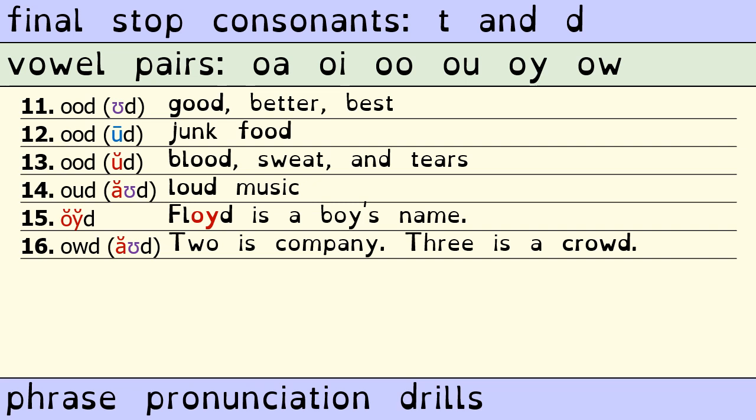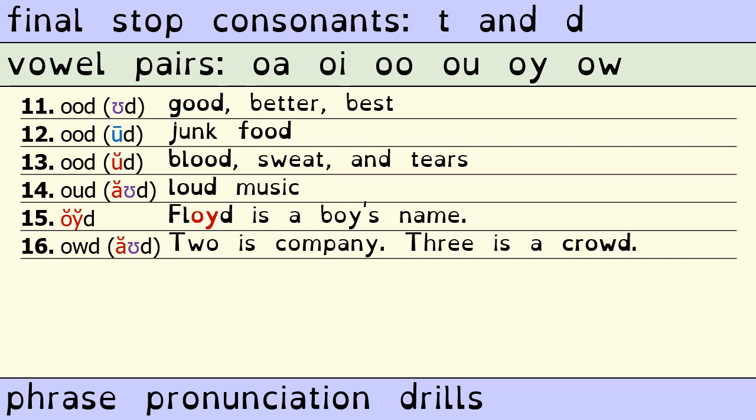Let's continue. 11. Ood. Good, better, best. 12. Ood. Junk food. 13. Ood. Blood, sweat, and tears. 14.